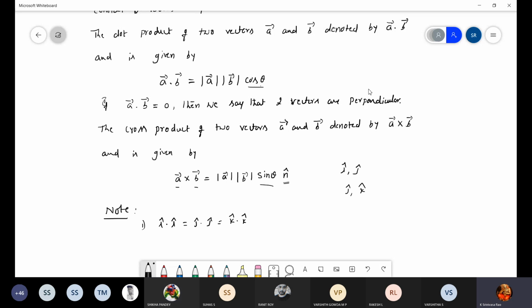In the dot product formula, A dot B, if I put I dot I instead, the magnitude of I is 1, the magnitude of I is 1 only, and the angle between I and I is 0. What is cos 0? 1. So this is the dot product of like vectors, and the answer is 1. Similarly, J dot J and K dot K. The dot product of like vectors is 1. How it is 1: we are using this basic formula.